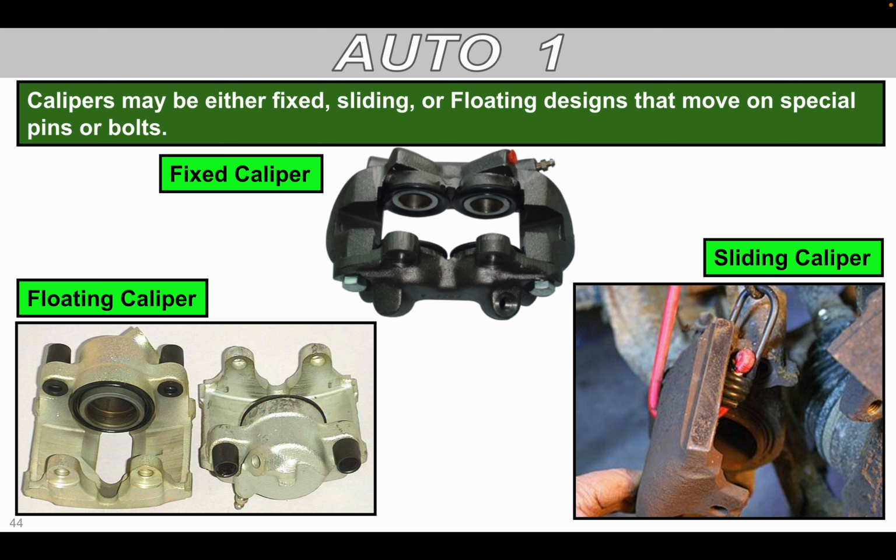The caliper actually slides on the bracket itself, not on the pins. So that's how you can tell the difference between these three. We'll get into more detail later in the lab about how to service each of these different calipers and brake pads. Right now I just need you to understand there are floating, fixed, and sliding caliper designs.